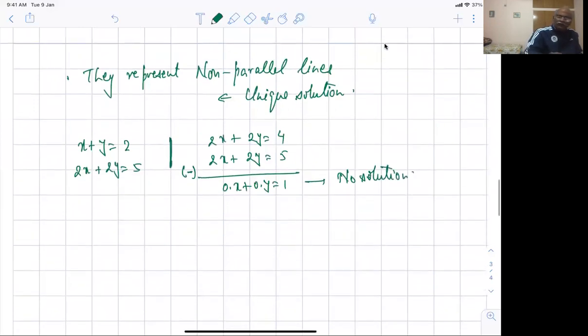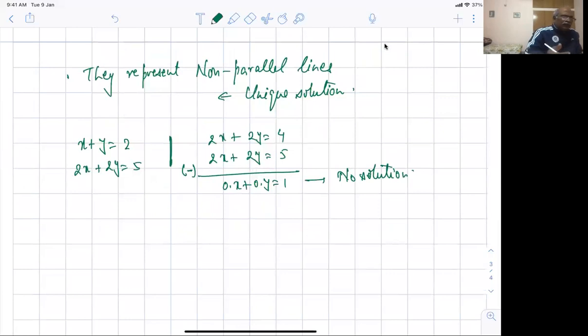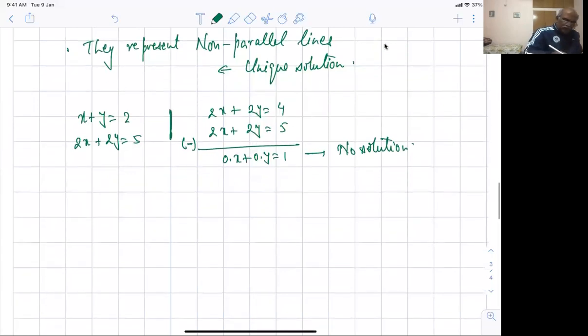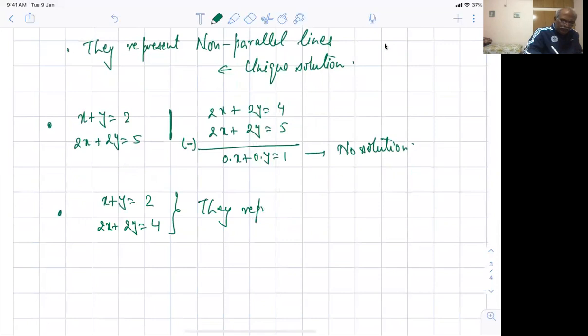Fine. Another case is looking at it slightly differently, so that we get the same line. So this is one part. Another is x plus y is 2 and 2x plus 2y is 4. So we see by this argument itself that they represent the same line, x plus y is 2.